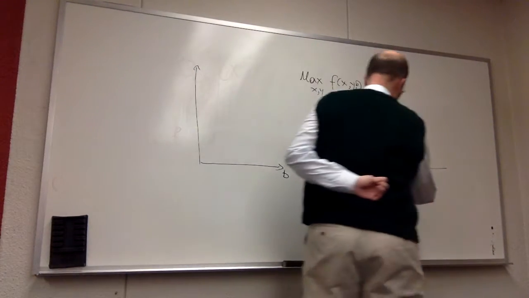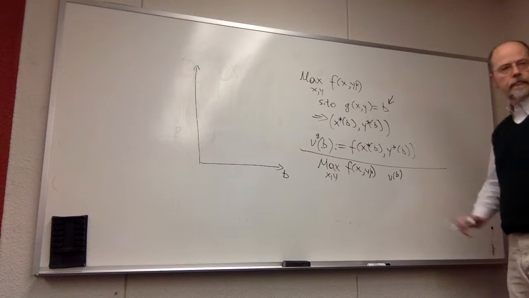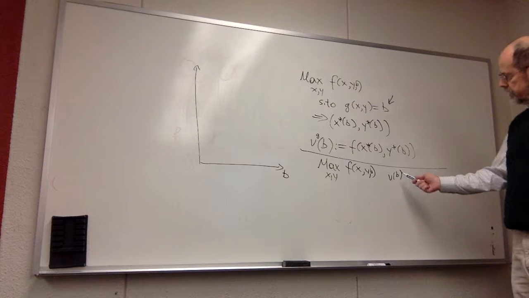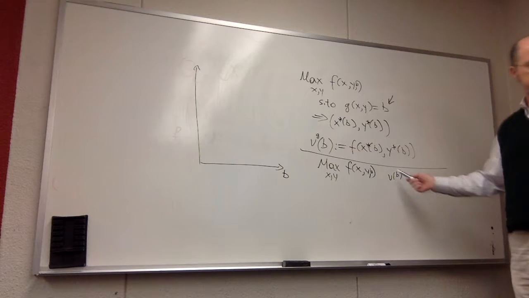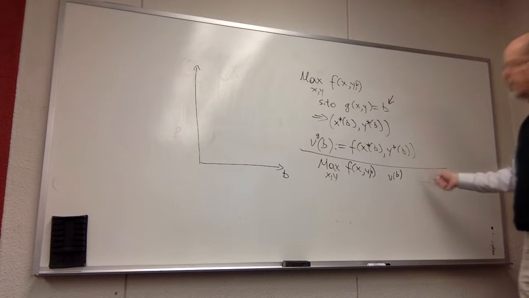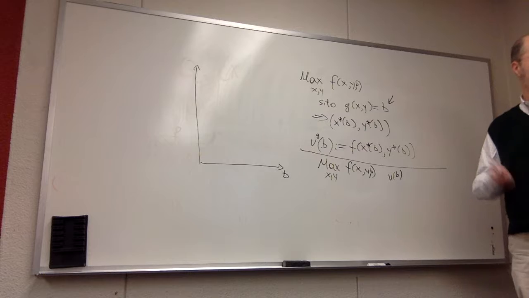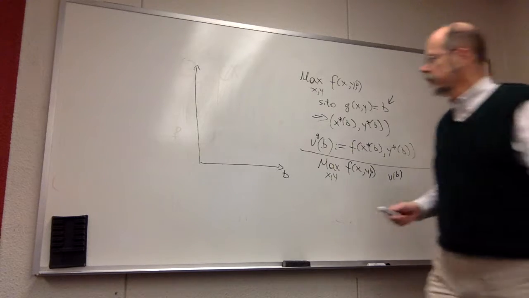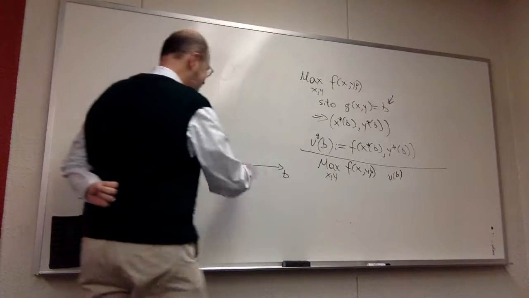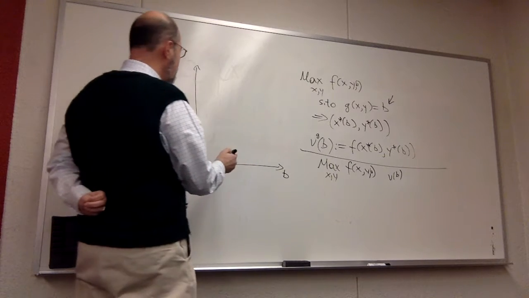And over here, the corresponding value function shall be written simply as v of b. Even though there is no constraint, the parameter b is lurking in the very definition of the function f, and it will affect the first order conditions, so the optimal values of x and y will depend on b. I needed to have it there because how am I going to graph the value function without the b here?